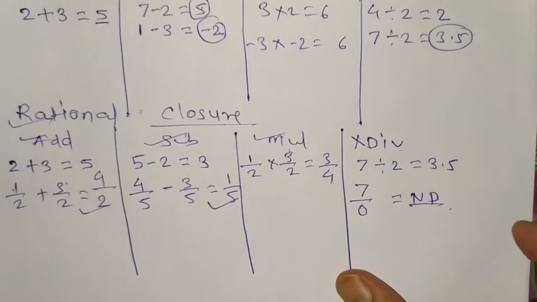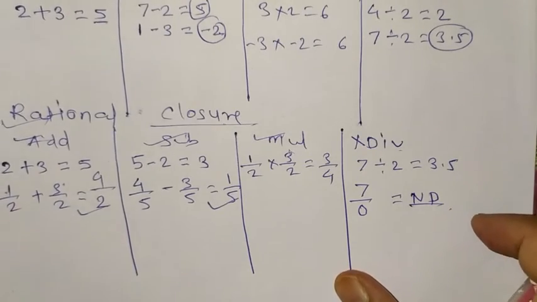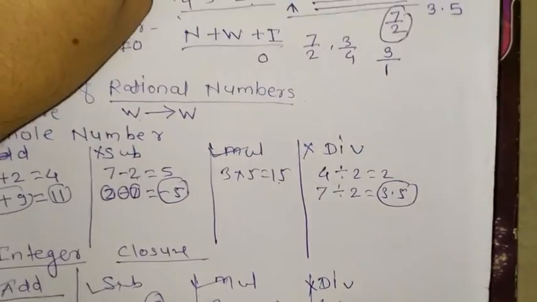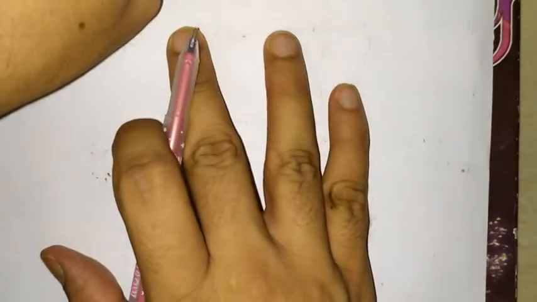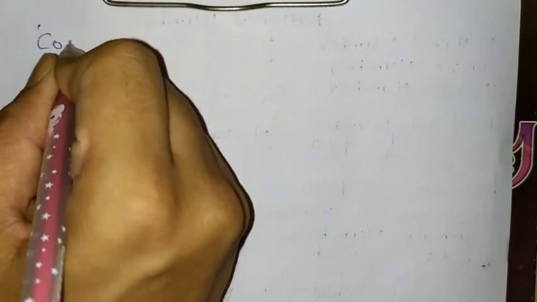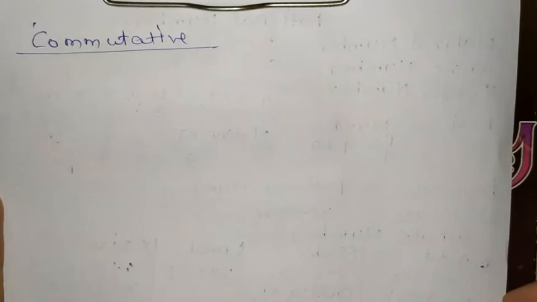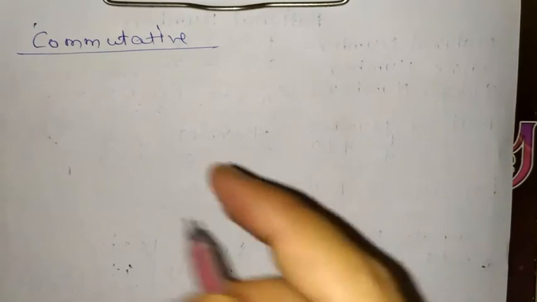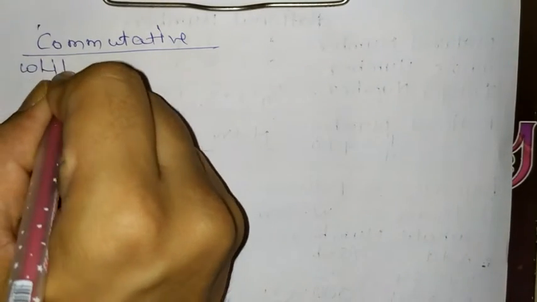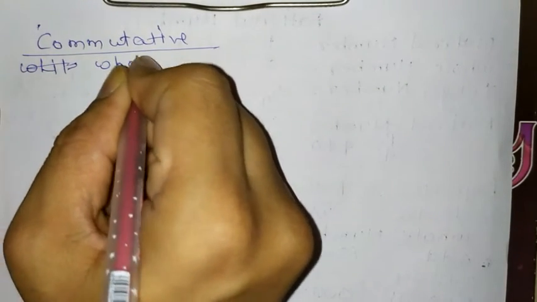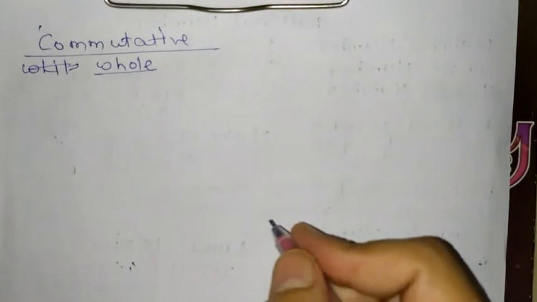Understood? Now here we will go for the commutative property. Now we start with the commutative property. For your understanding, I start with the whole numbers.